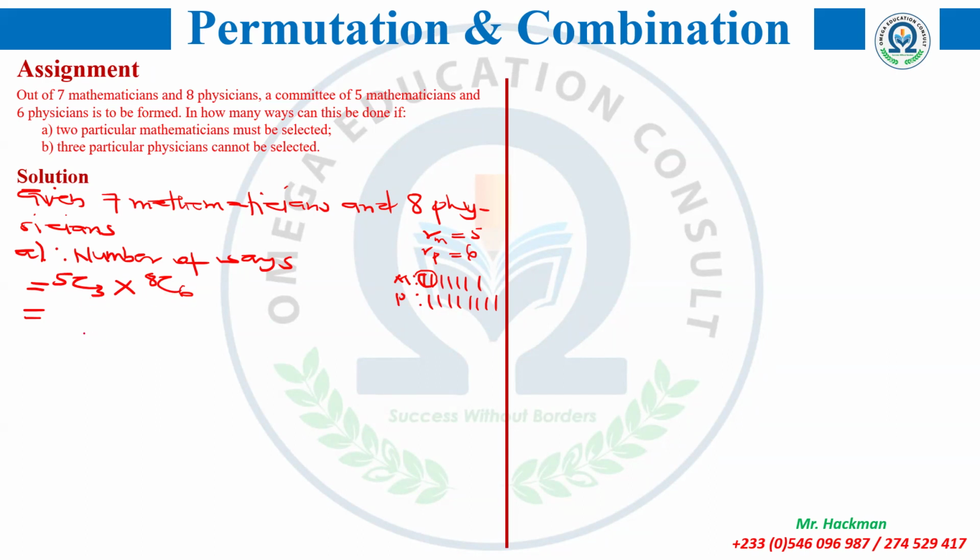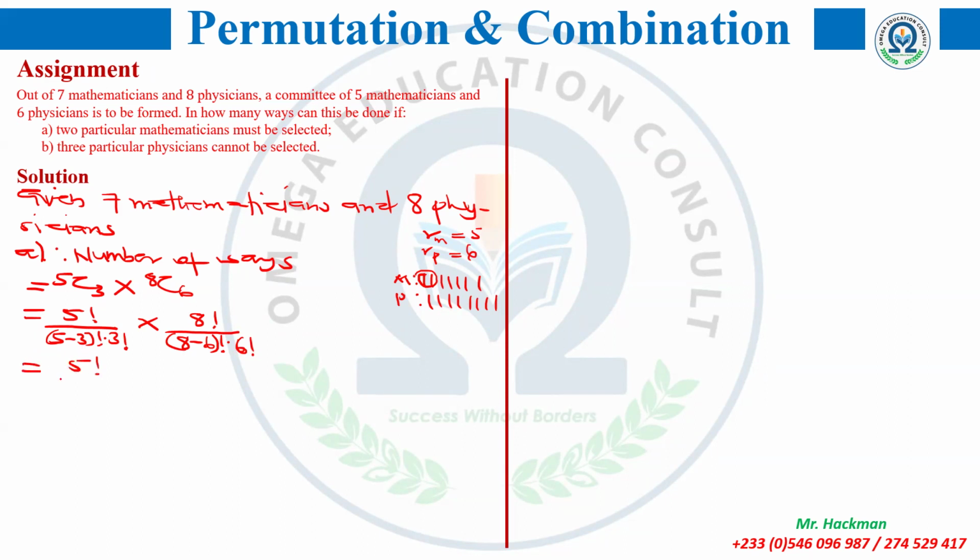That will give us 5 factorial over 5 minus 3 factorial, times 3 factorial, the whole of that times, then you evaluate this one too using the definition: 8 factorial over 8 minus 6 all factorial, times 6 factorial. Before that, we have to make sure we simplify this.